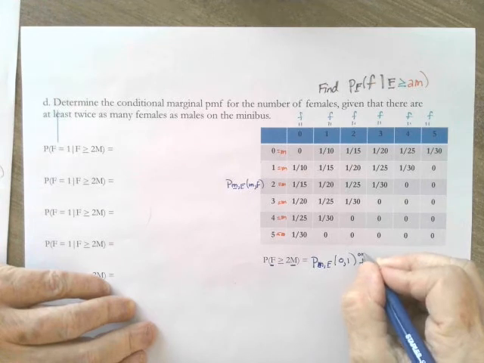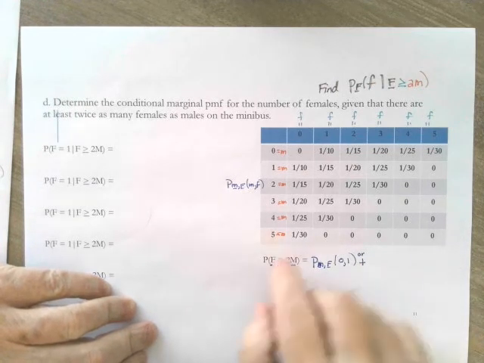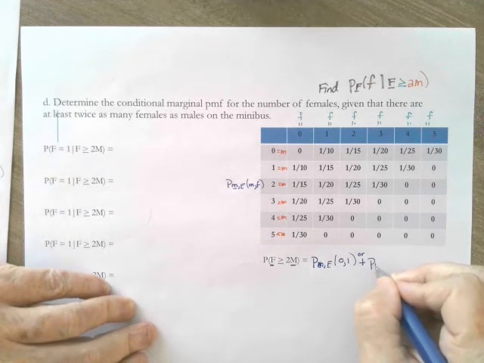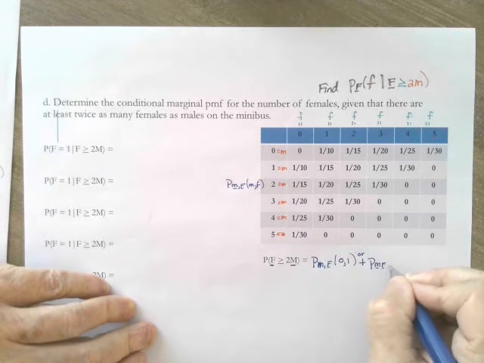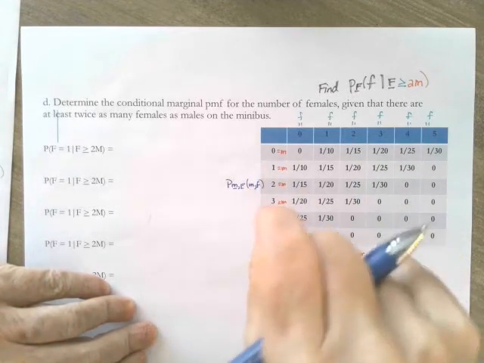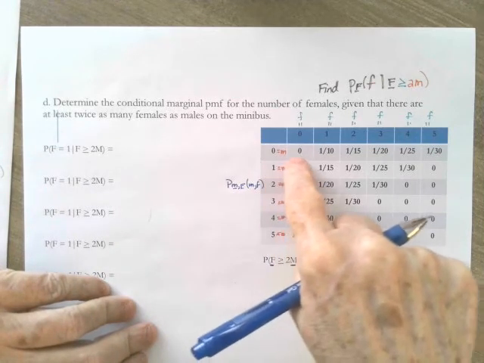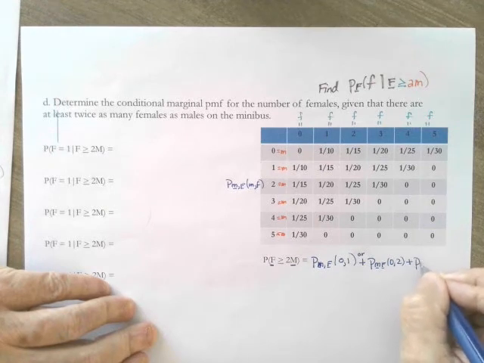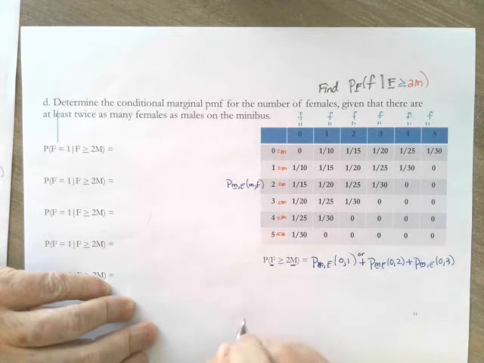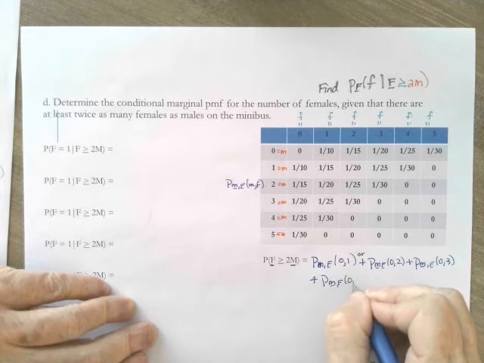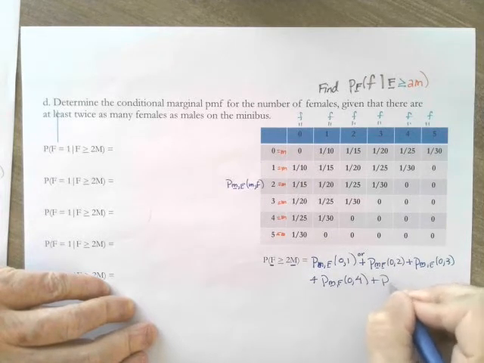We could have the number of females be 2 and the number of males be 0, so we would have PMF 0, 2. We can keep going, and it's going to include everything in this very first row. So I'm just going to show all of those probabilities: 0, 3, and then 0, 4, and then 0, 5.